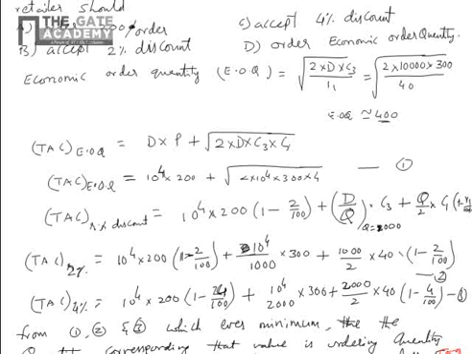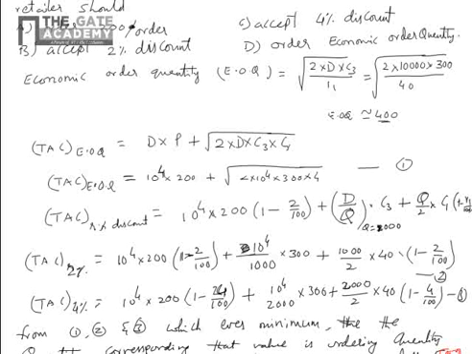So in the discounted model, first you need to calculate economic order quantity. After getting it, you need to calculate the total annual cost corresponding to the economic order quantity. Then he has given two discounts. One is if the quantity is more than or equal to 1000, then 2% discount.